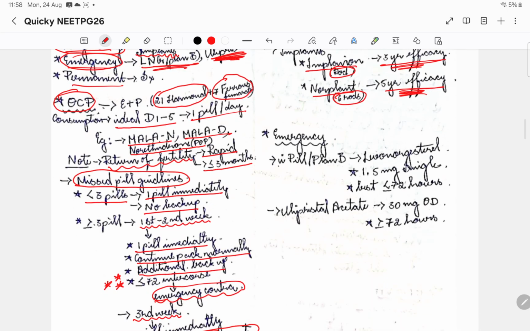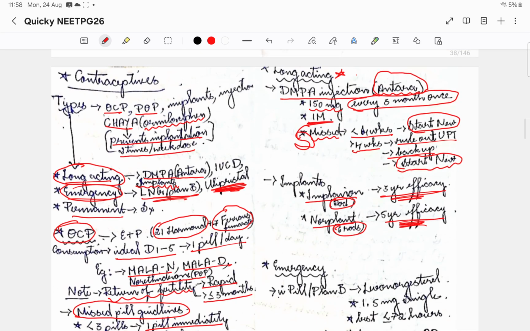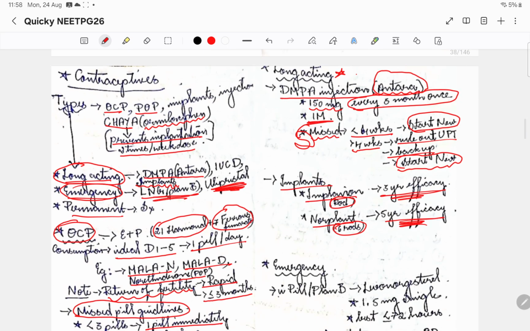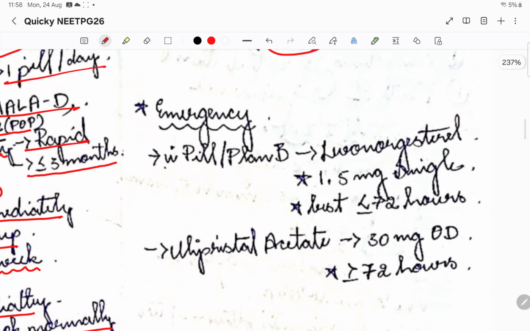We discussed oral contraceptives, the long acting contraceptives, and implants, and now we'll go to emergency contraceptives. Emergency meaning there was probably a failed contraceptive method, or no protection was used, and they are suspecting pregnancy.